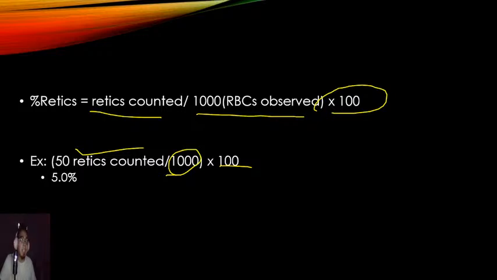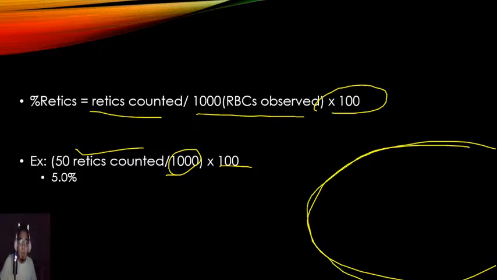So I always make an assumption na every field, when you look at the microscope, example, this one is one field, 100 na laman yan. For me this is my technique. Hindi ko na kailangan bilangin lahat ng RBC niyan. Ang gagawin ko na lang, bibilangin ko na lang yung retics. Alright? So mag-move ako sa susunod na field.